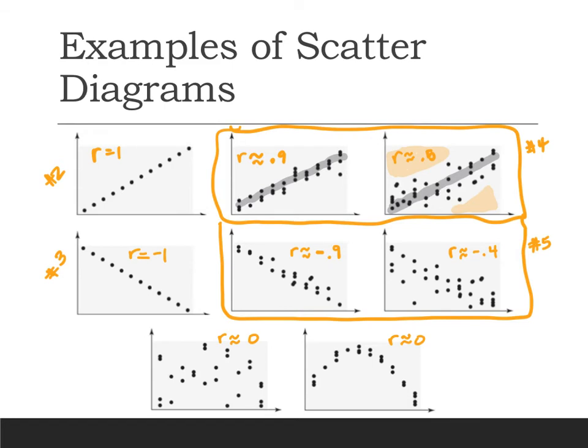But hopefully you would agree that the first graph on the bottom row, which was all spread out, I could probably say there's not really any relationship between those two things. But if I look at this last graph, I have a very, very defined relationship here. It's just not a line. That's more like a parabola.